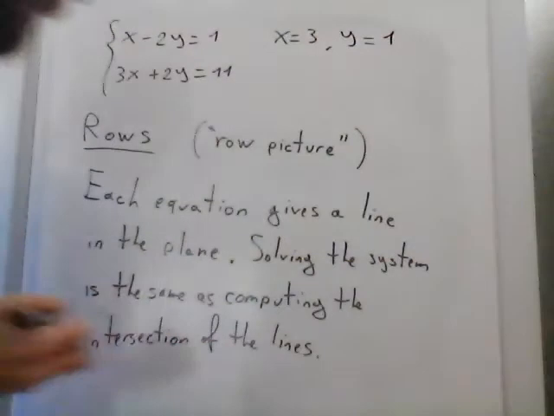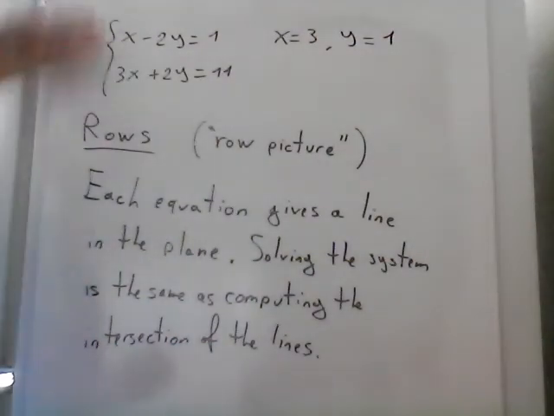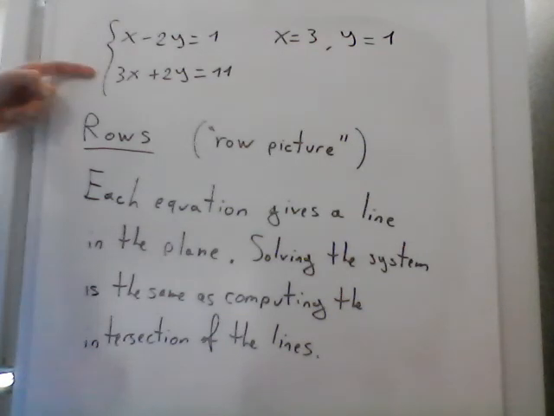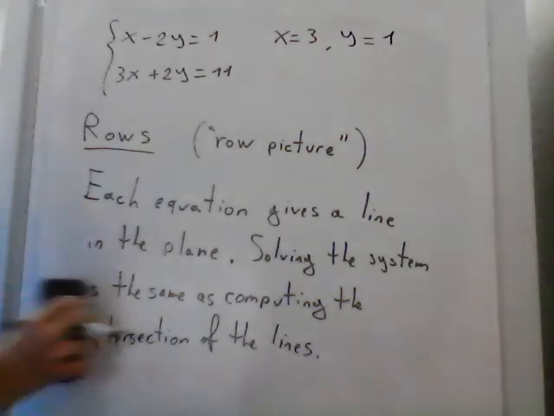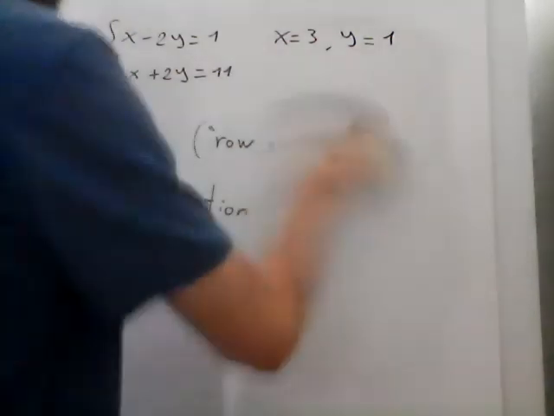So in this case we have two lines, but in general we can have more than two equations. And if we had three variables, then we would compute the intersection of planes in the three-dimensional space. Okay, so we have two lines and we are computing the intersection of these two lines. Let's draw these lines for this particular example.